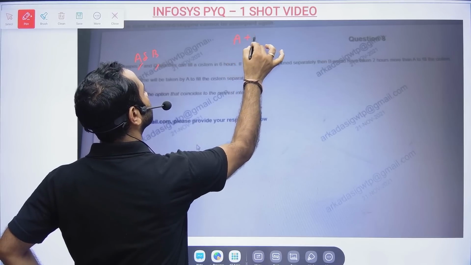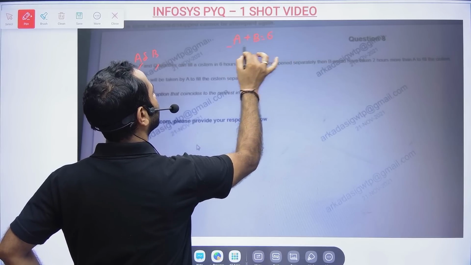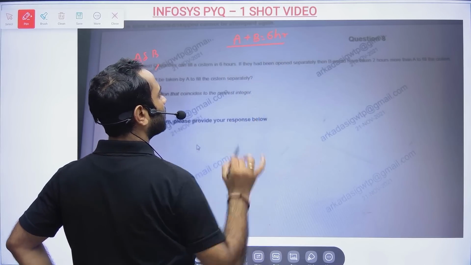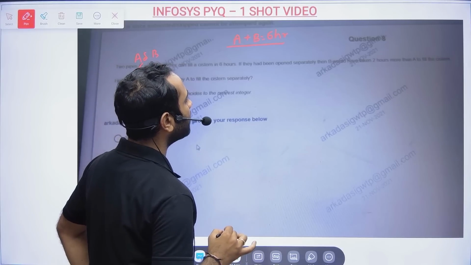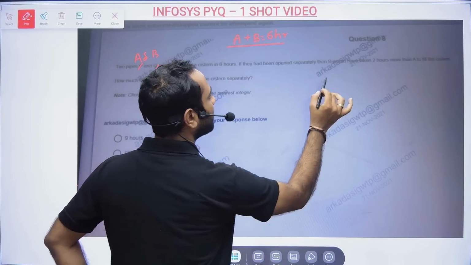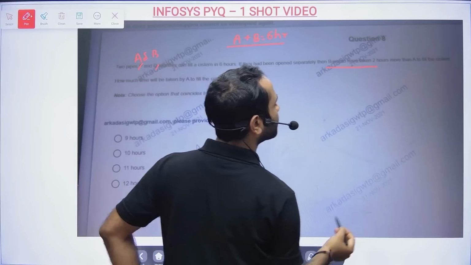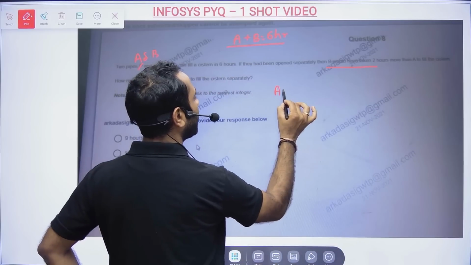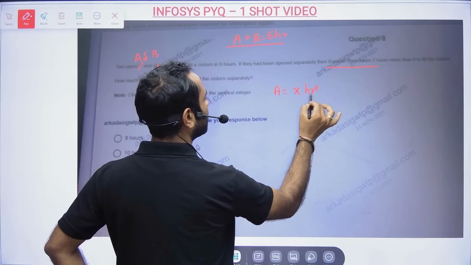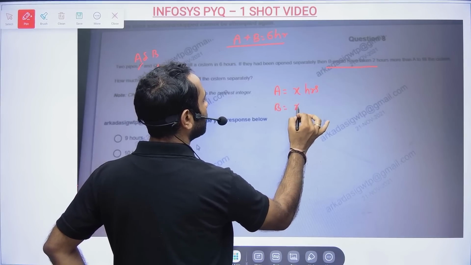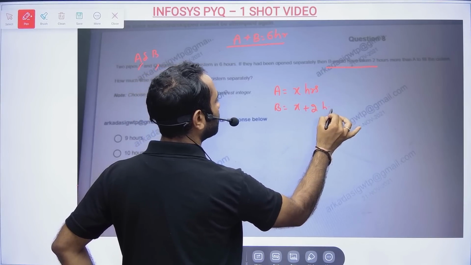If they are opened separately, then B would take 2 hours more than A. Now if A takes x hours, then B will take x plus 2 hours.